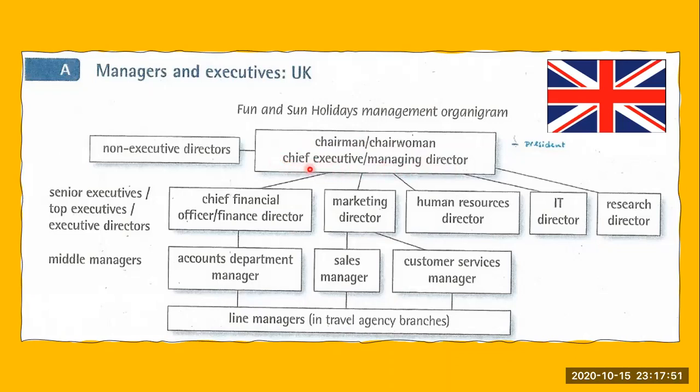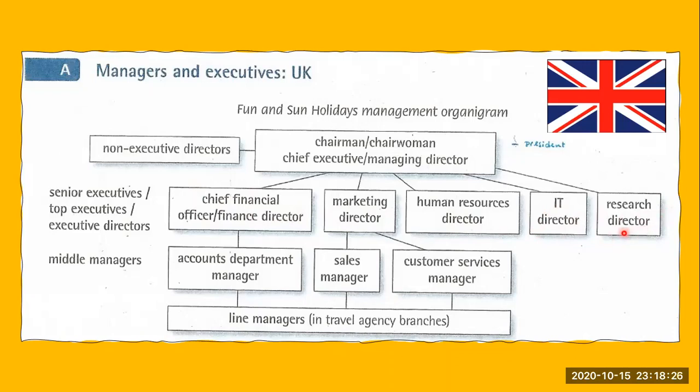Well, under them, we have different directors from different departments. From the financial department, we have the Chief Financial Officer, or CFO. Another way to call it is Finance Director. So both terms are correct. We also have Marketing Director, Human Resources Director, IT Director, and Research Director.